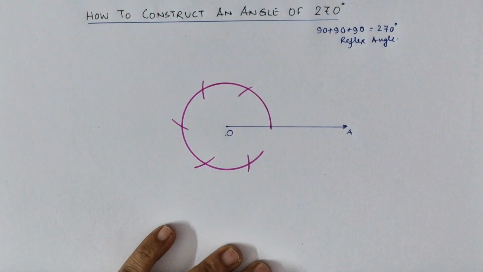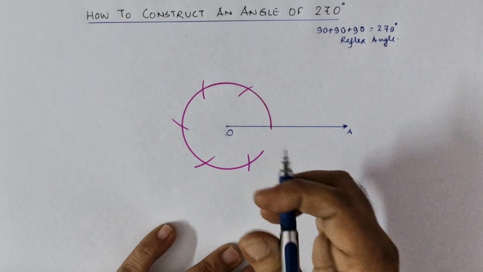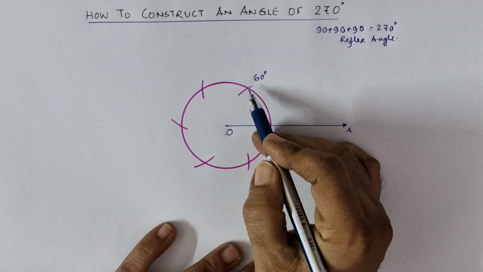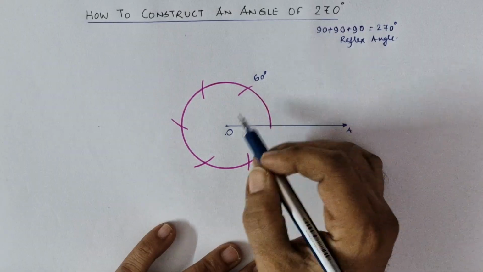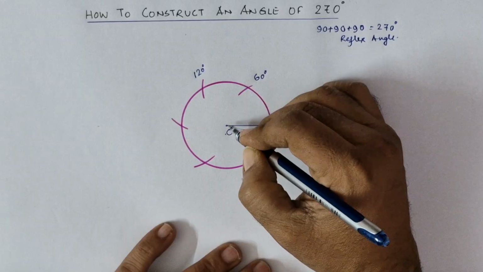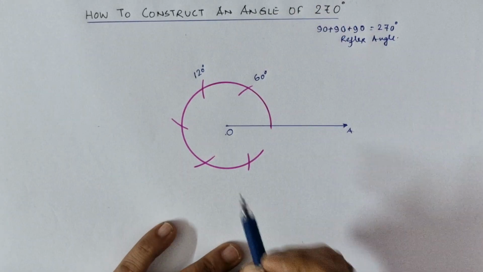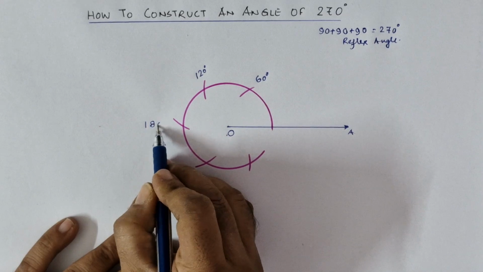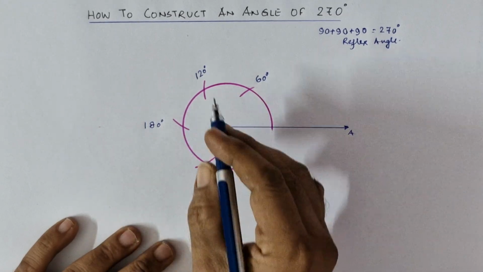Let's see. Now, this is 60, because if I join this intersection point and O, you will get 60. Now this is again 120 degree. Okay. So if I join this one and this one, you will get 120 degree. If I join this one and this one, you will get 180 degree. So you already got 180.